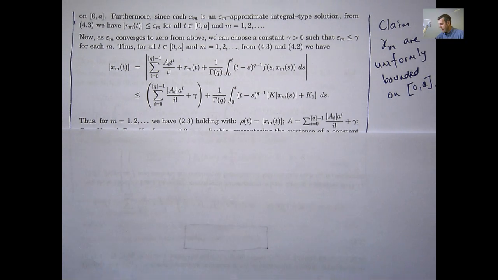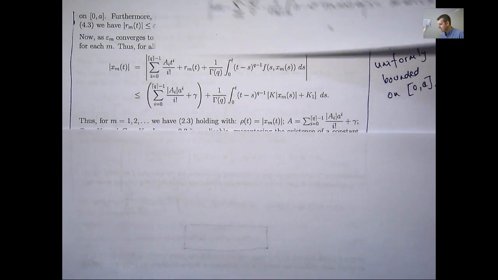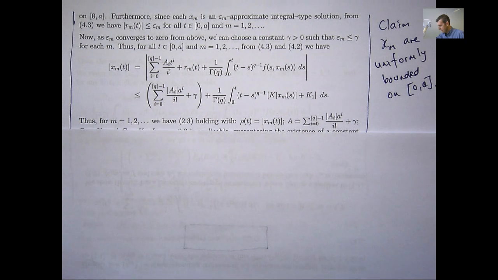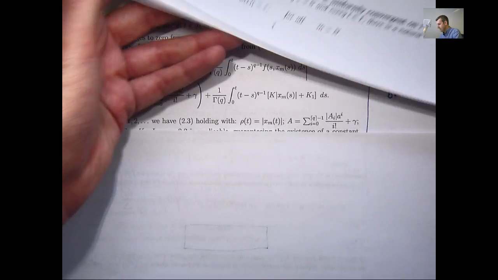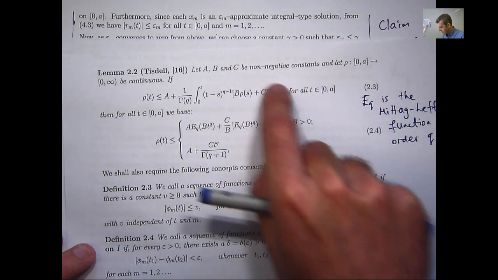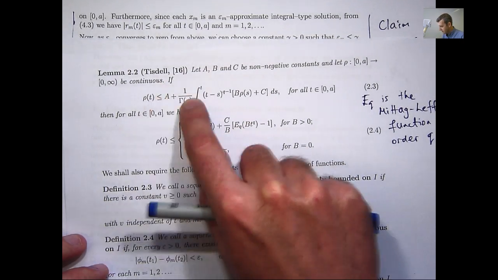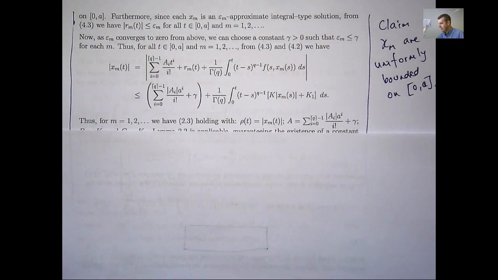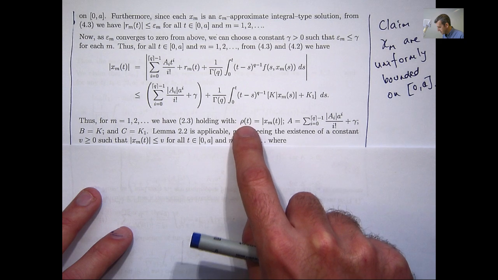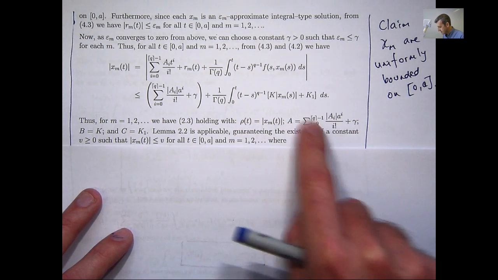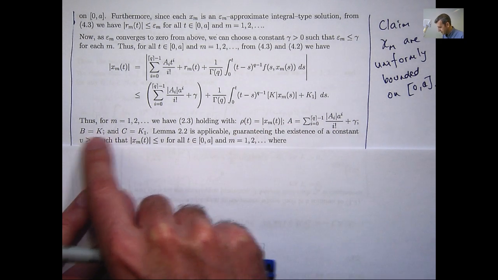So if we look back, we can see that this inequality holds, our general Gronwall inequality, lemma 2.2, with the following choices. Well, rho is this, A is this, B is this, and C is this.